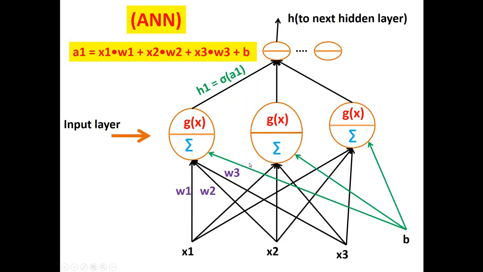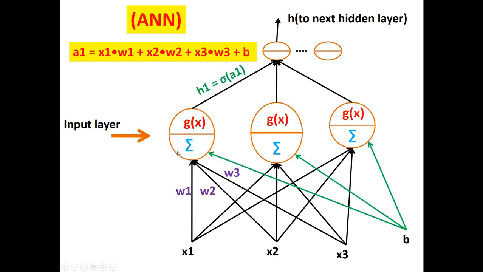To begin with, what is an artificial neural network? It looks like that. It has, let's say, 3 inputs, x1, x2, x3, and a bias B is also involved. You pass it to the first neuron.